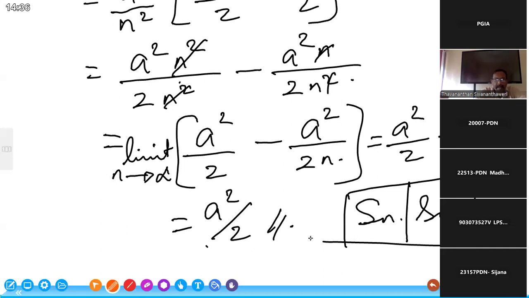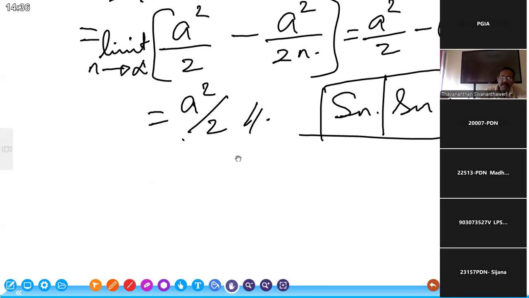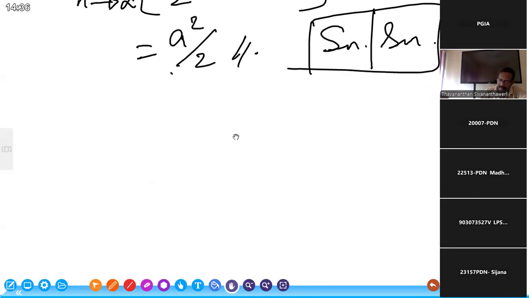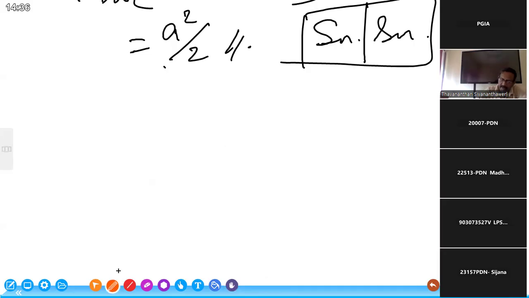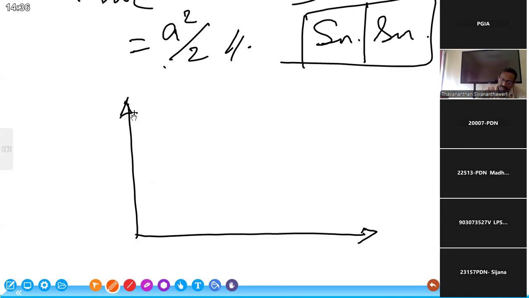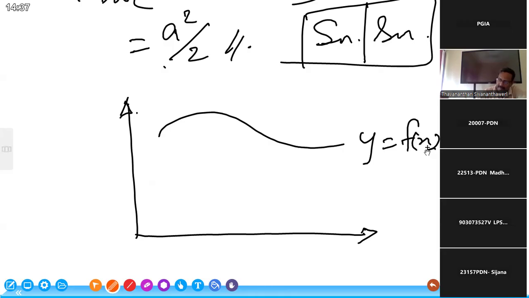How do we find the area here? We are dividing the given area into different rectangles, right? In the earlier case also I mentioned the area under the curve. So this is the function y equal to f(x).